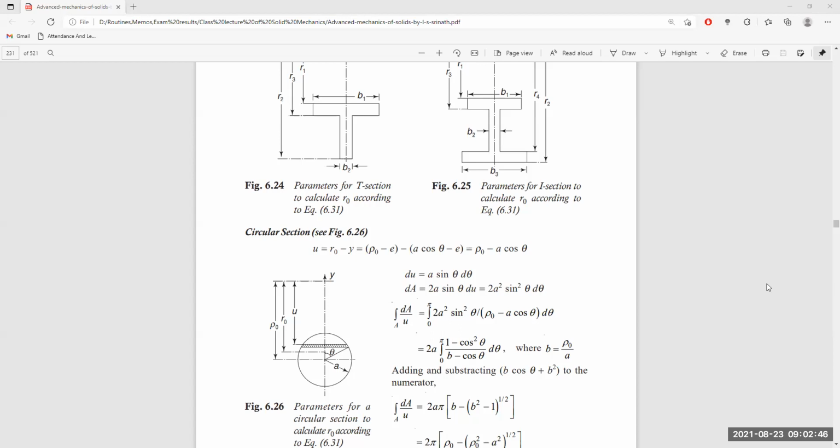Well, let us finish our chapter on bending moments of the beam itself. Today we have discussed a few cross sections like rectangular cross section, trapezoidal cross section.